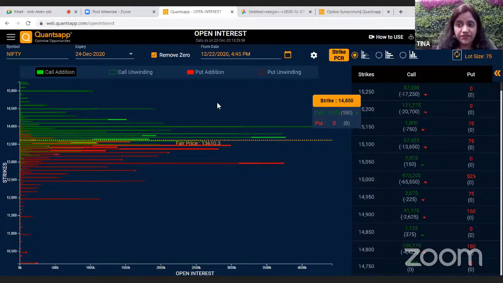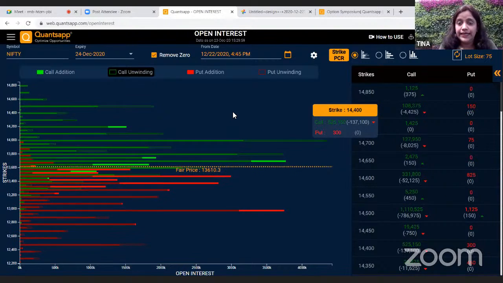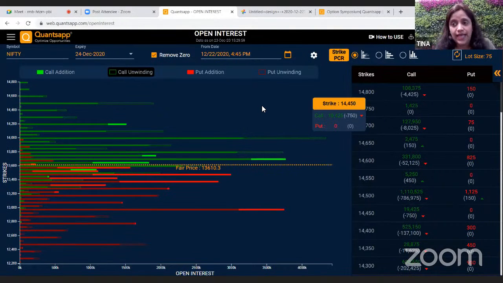What this particular chart brings you is clarity on how the trend is moving, and how the writers are feeling the pain. Are they actually shifting considerably, or is it just a minor shakeout which is not a concrete one?